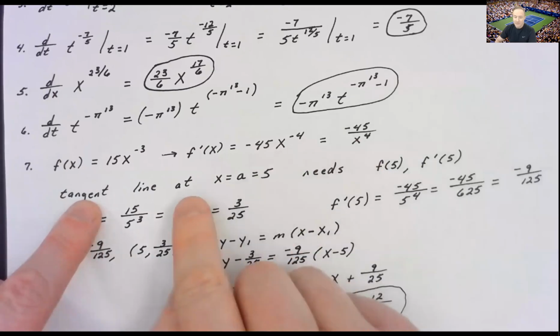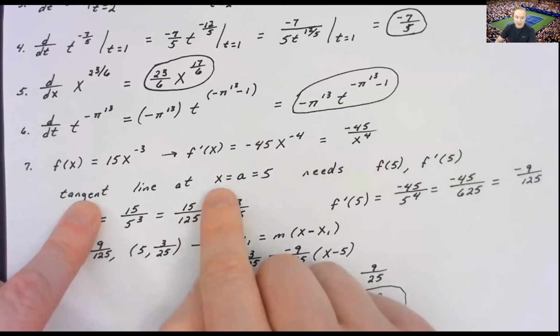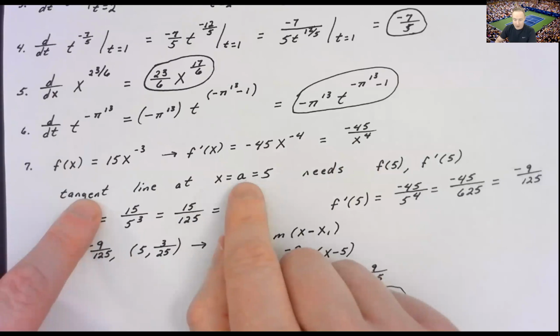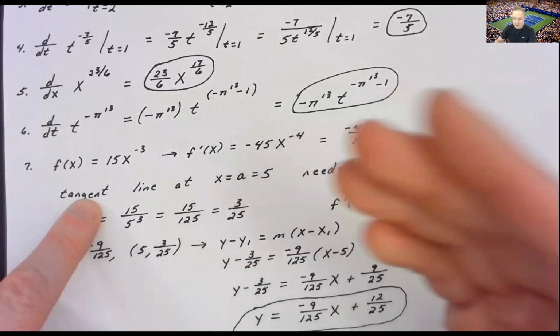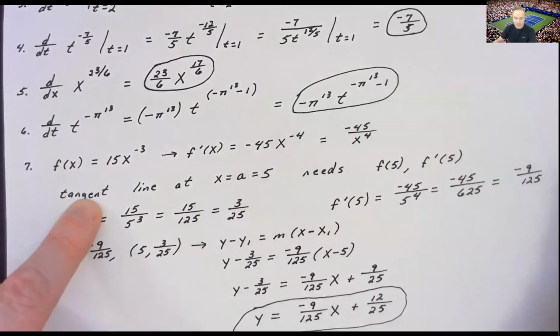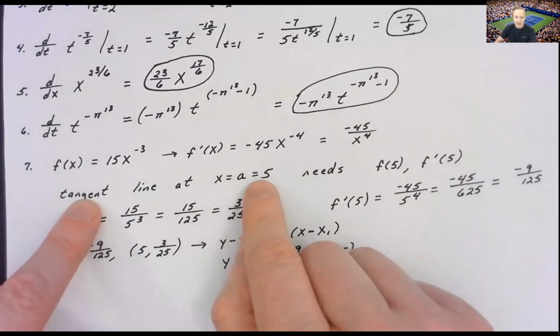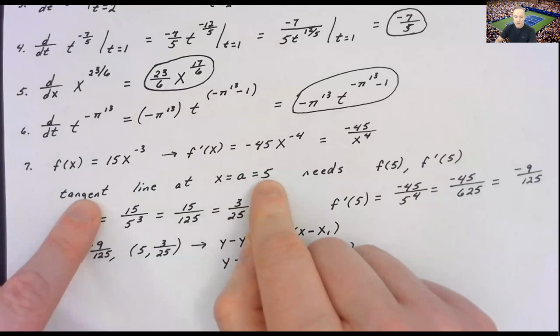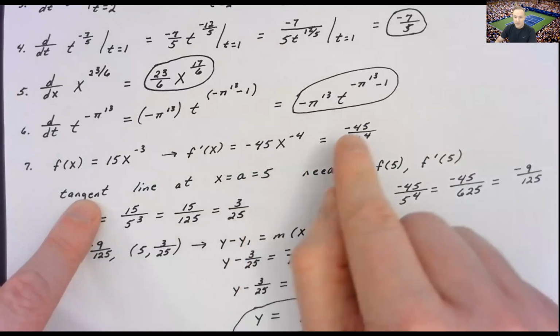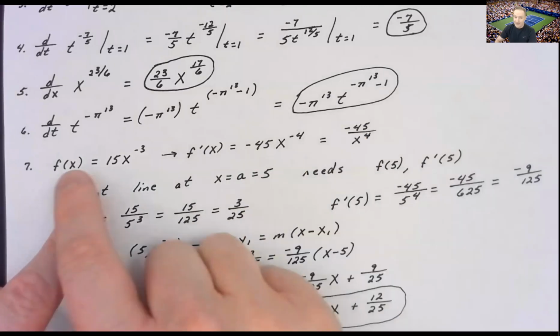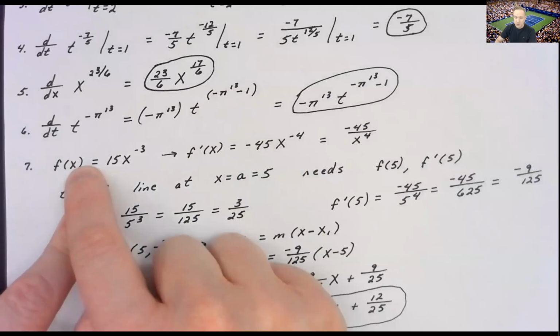Now, it asked me to find a tangent line, whether it says x or if it calls it a. Remember, a is just a particular value of x you're interested in. So whether it says x or whether it says at a, in this case, it was at 5. So I can say, well, then I need to evaluate my derivative at 5, and I need to evaluate my original function at 5.